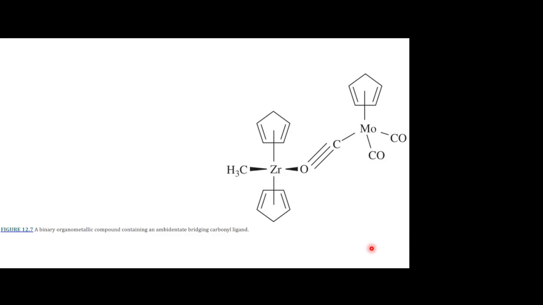So for example, if you ever look at something that looks like this and you see two metals attached across, what is that called again? Yeah, binary organometallic compound or complex. Compound would be a nicer way to do it, but no, complex.